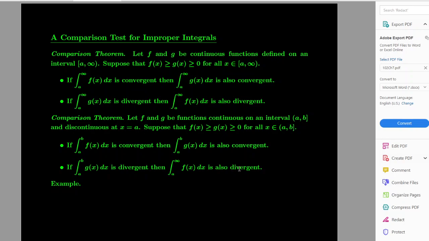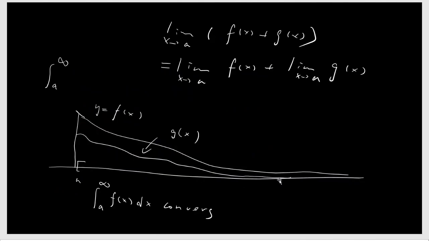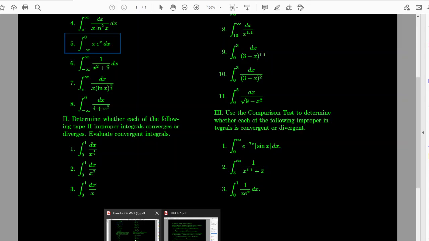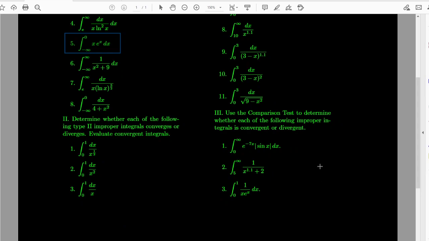I hope it's not too hard to understand, using the graph I just drew. How can the comparison test be useful for determining whether some integrals are convergent or divergent? I'm going to use two particular questions to show you the meaning. I think I have enough time to talk about this.